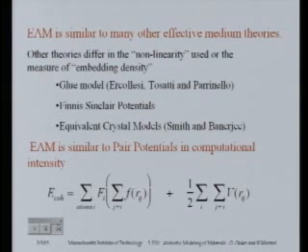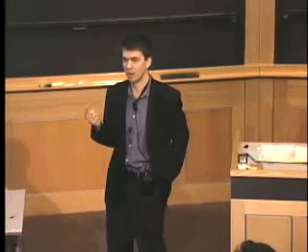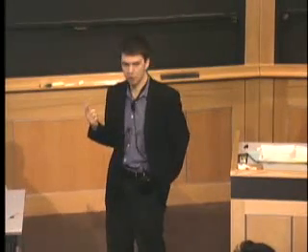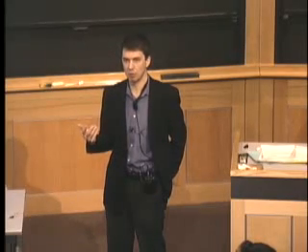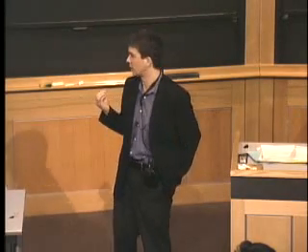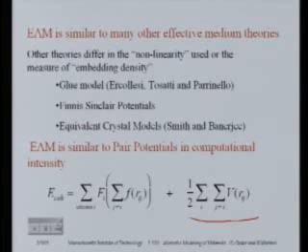These are all exactly in the same spirit. The brilliance of the embedded atom method was essentially that it was something for nothing. The computational cost is essentially the same as for doing pair potentials because you sum things only pairwise. If you think of what you need to do an embedded atom calculation, you have your pair potential, that's a pairwise sum, but your embedding energy is also a pairwise sum.